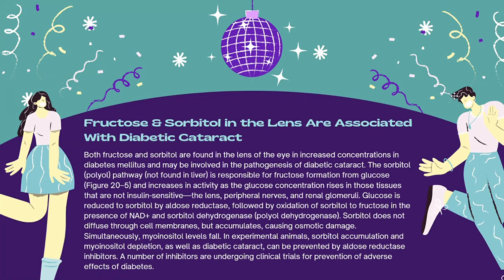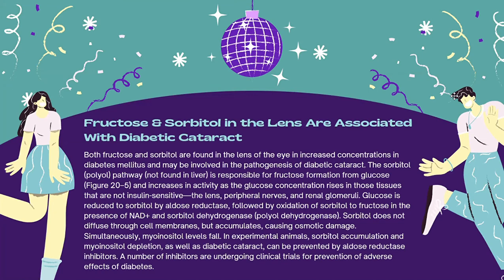So this sorbitol can be easily formed when you have a high glucose content of the blood, because your lens contains a reductase which acts on glucose to form sorbitol.